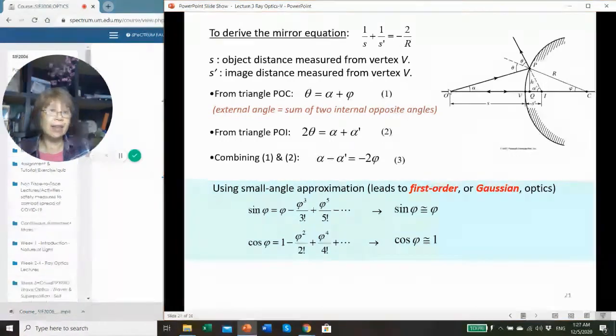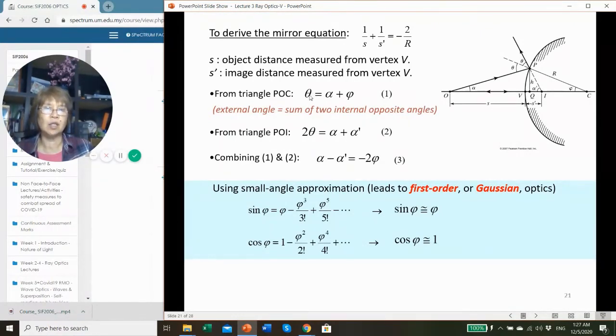Let's look at this triangle, POC. This external angle theta is equal to alpha plus phi. Then look at another triangle, POI. 2 theta is equal to alpha plus alpha prime. Then we combine these two equations. This one multiplied by 2, and then you subtract this equation.